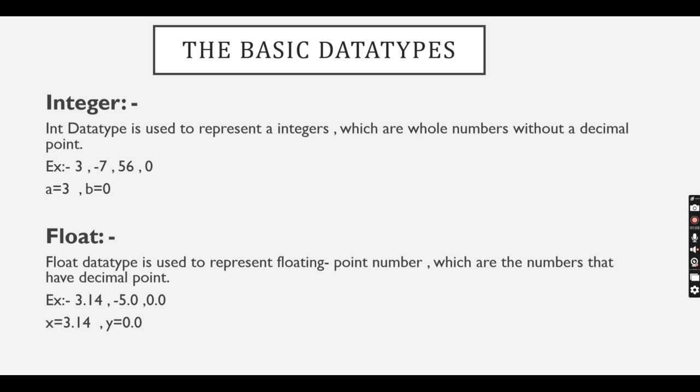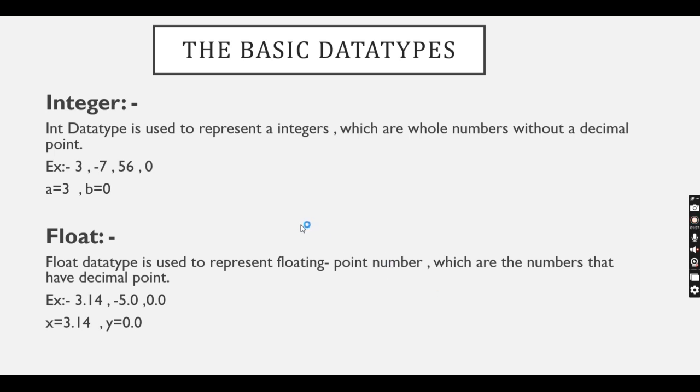That is the reason Python is also called a dynamically typed language, because there is no need to give the data type. It automatically takes the data type. If you are assigning an integer, it will take the data type as integer. So now we are going to see the basic data types.